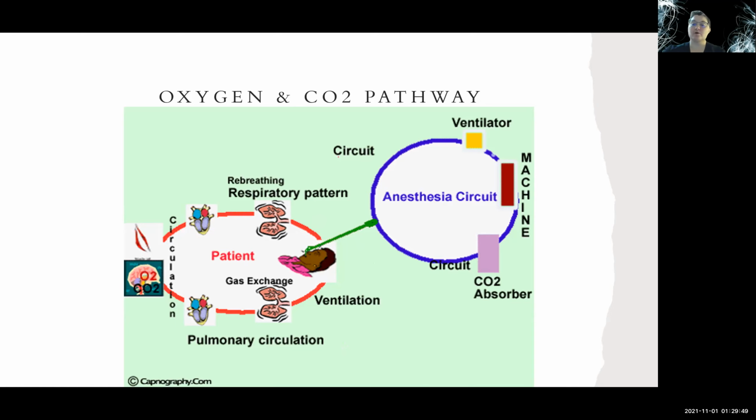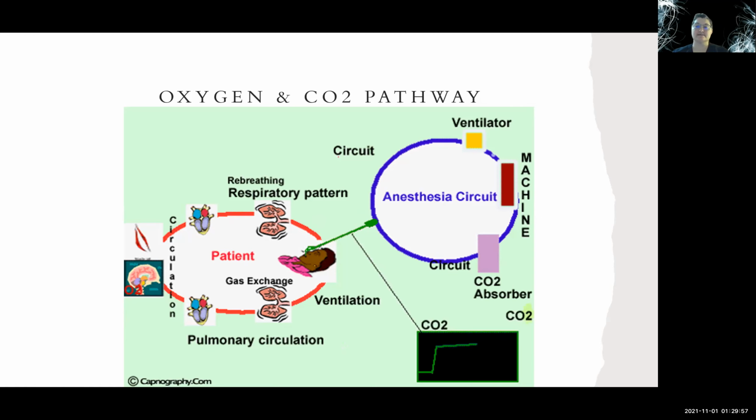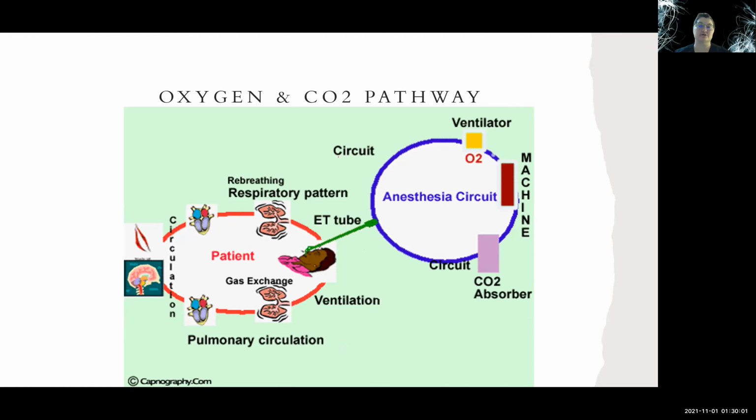Now, there are three forms of CO2 that get transported within the blood. About 60 to 70% of CO2 is going to be attached to bicarbonate ions. Then 20 to 30% is attached to proteins within the blood.